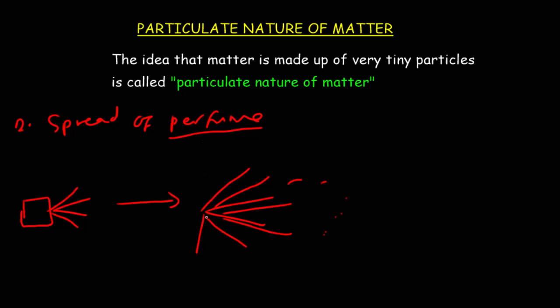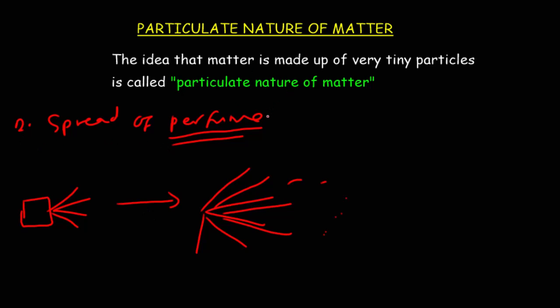Remember, once again, tiny particles have the tendency to move. So we will be able to smell the scent of the perfume because the perfume, which is actually matter, contains tiny particles which are in movement or in motion.